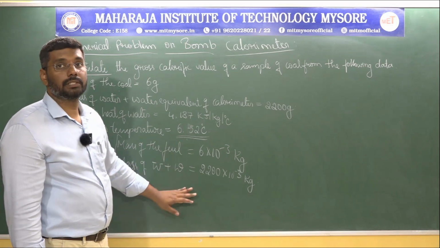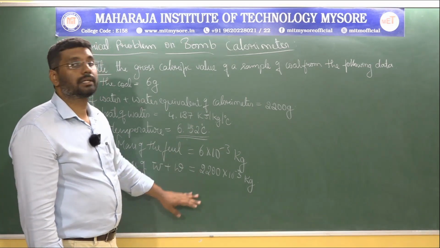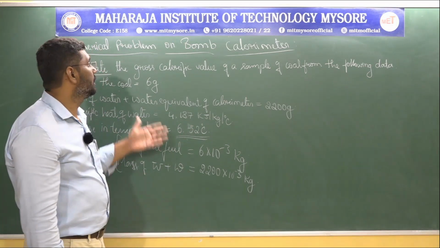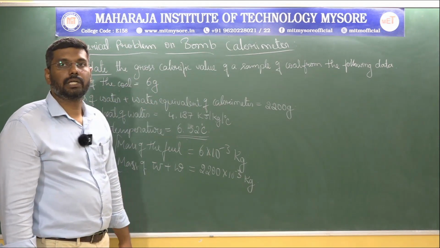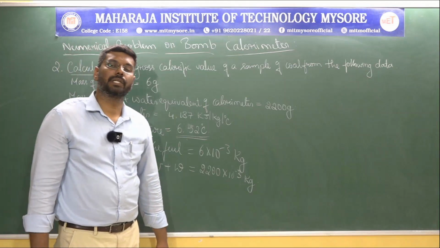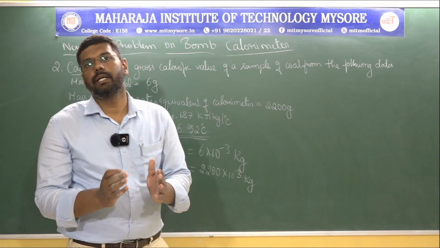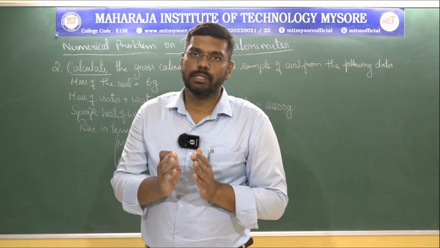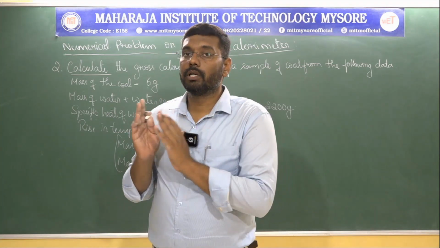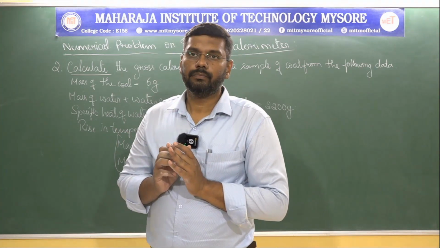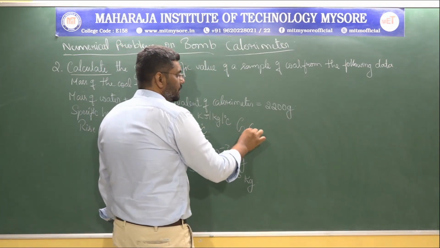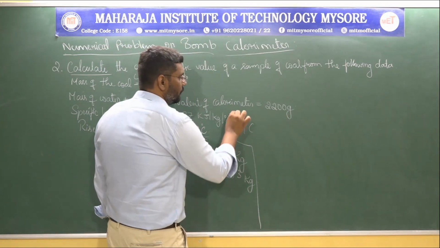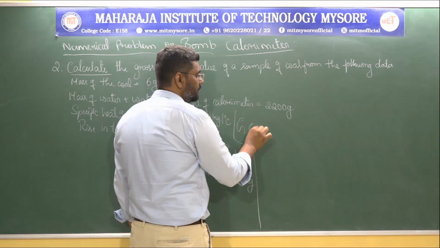The next important thing is to calculate GCV, because in this numerical problem he has not given the percentage of hydrogen or the latent heat of steam. So it is very clear that you need to calculate only GCV and you are not bothered about NCV. What is the expression to calculate GCV?